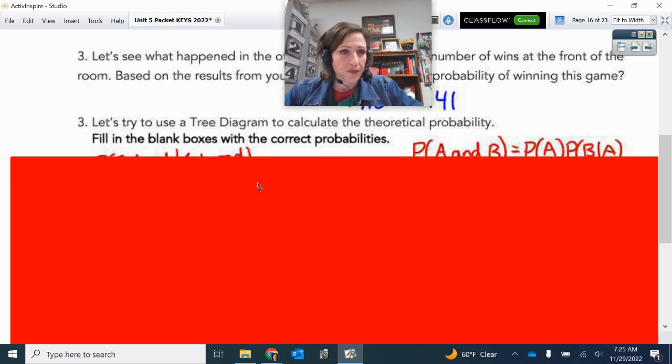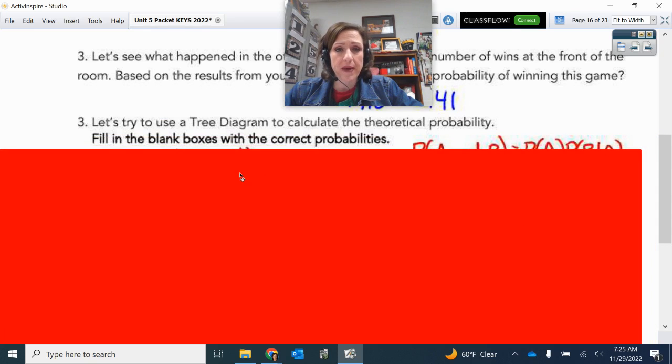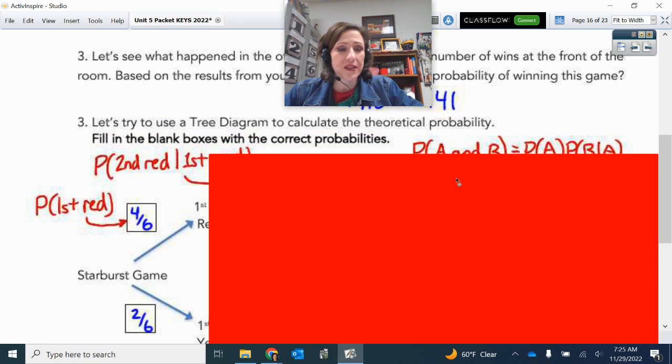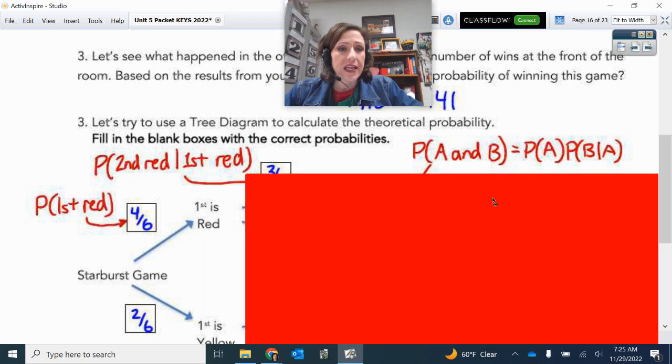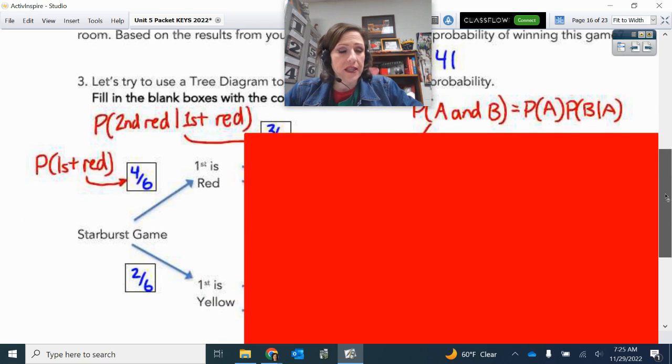So here we go. Let's try to talk about how this would work, the theoretical. On our first draw, in the Starburst game, the probability that the first is red, there were 4 out of the 6 that were red, 2 out of the 6 were yellow. So you have now drawn it.